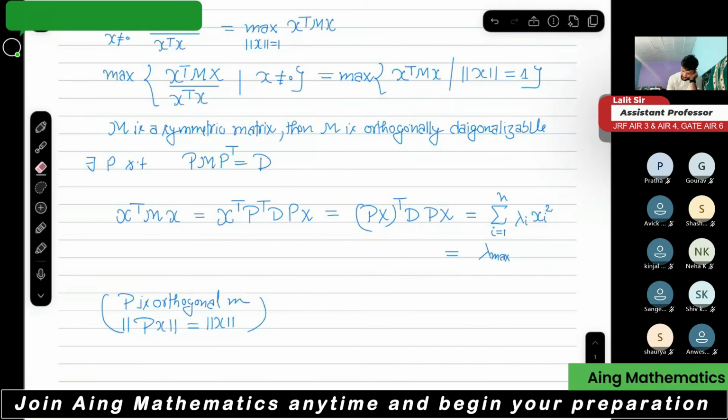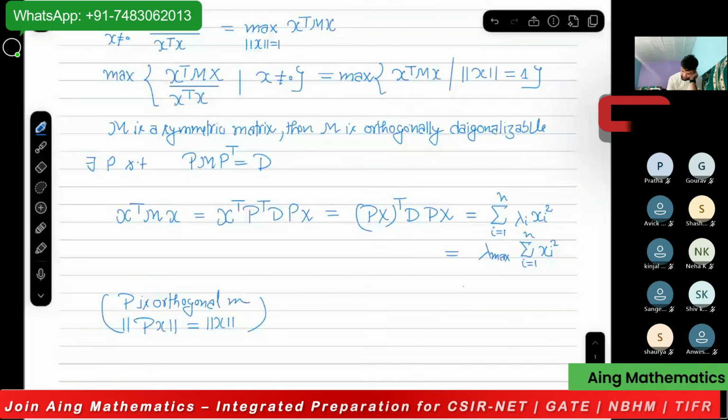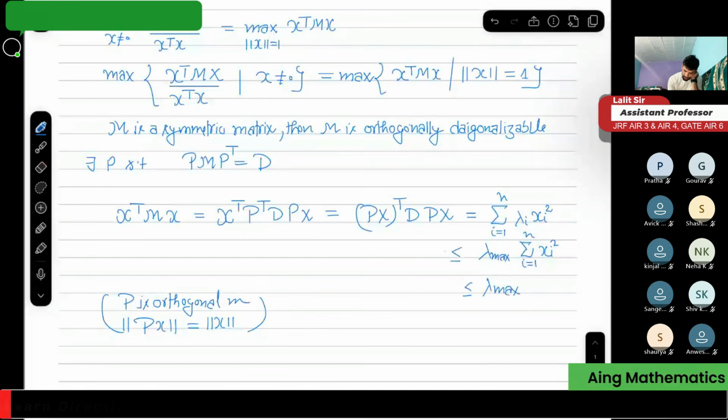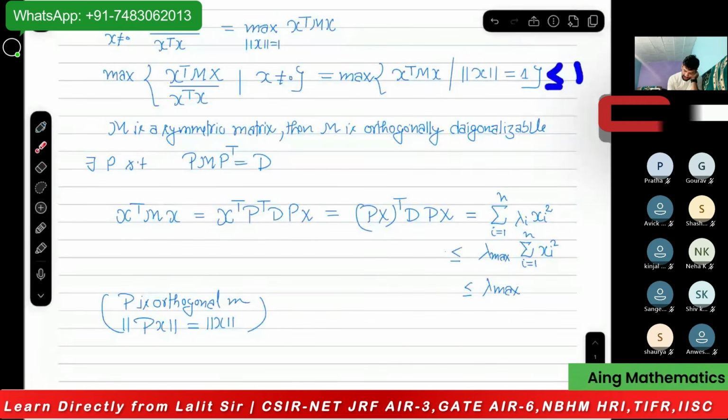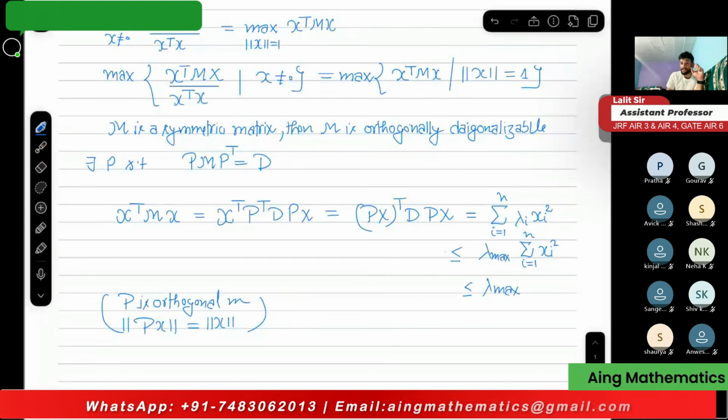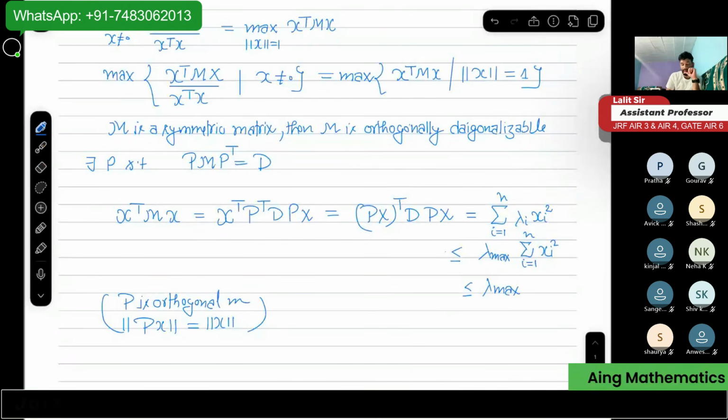So this comes out to be lambda maximum. So the upper bound of this set is lambda maximum, the largest eigenvalue of M, in case M is symmetric. Is it okay?